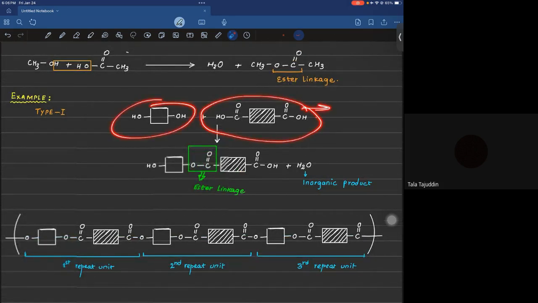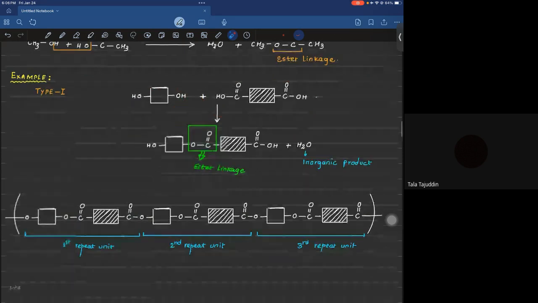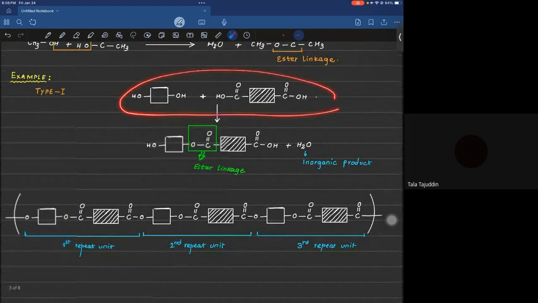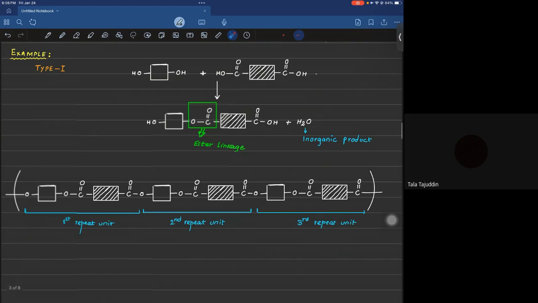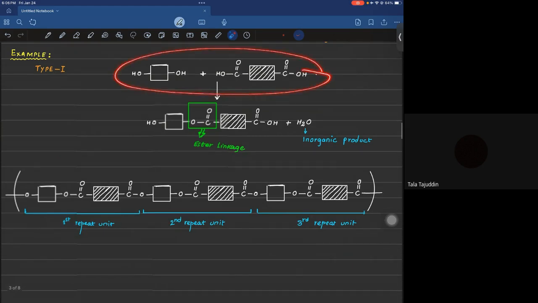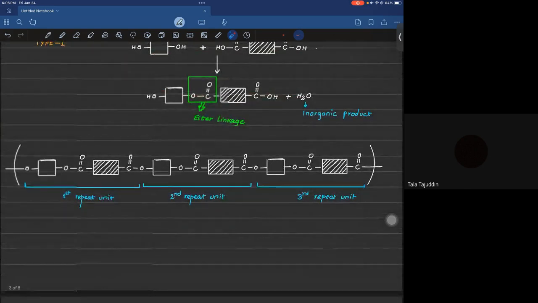One monomer is going to have carboxylic acid and the other monomer is going to have alcohol. So if you make the polymer from these two monomers, you get different sequences.